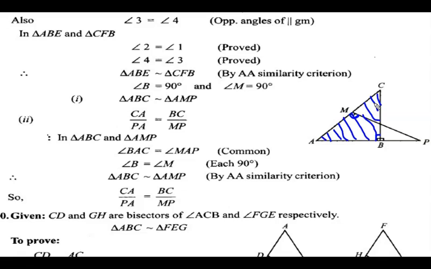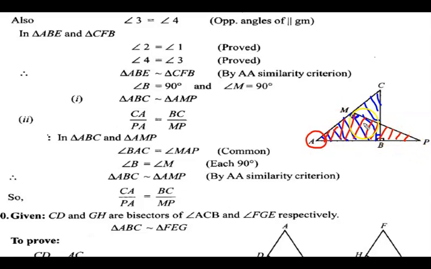And then the second is AMP. So firstly BAC and MAP. If you see BAC, this angle is BAC, and MAP.